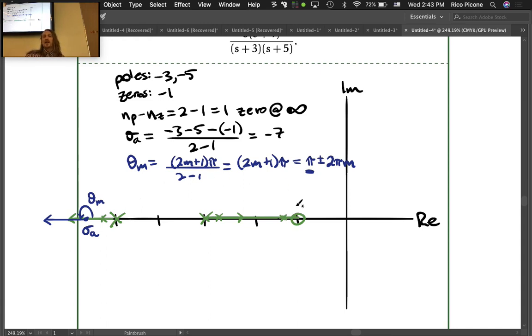In this case, if you increase the gain to infinity, will the system ever go unstable? No, because this pole is going to stop at this 0, which is still stable. It's in the left half plane. And this pole is going to go off to negative infinity, which is still in the left half plane, so you're just going to have stability the entire time. Are you ever going to be able to have any overshoot? Any underdamping?